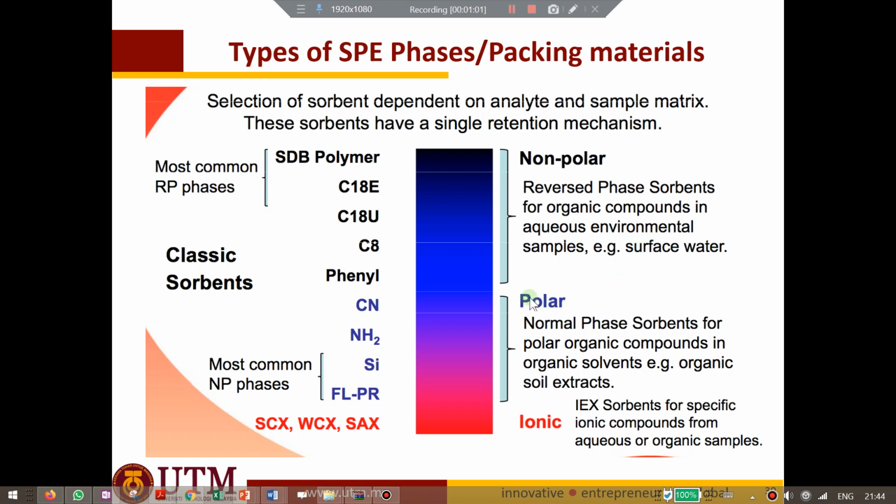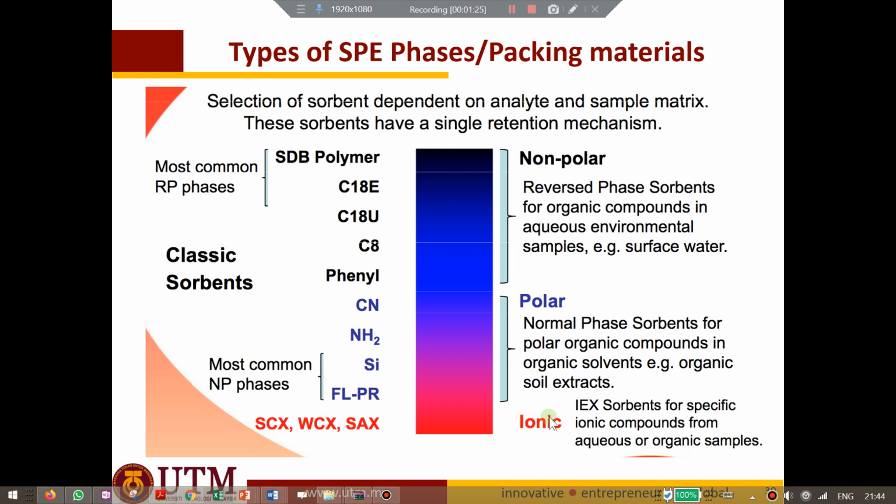If we use a polar SPE phase, then we focus on extraction of polar organic compounds in organic solvent, for example when you collect a waste sample from the factory that you want to analyze.